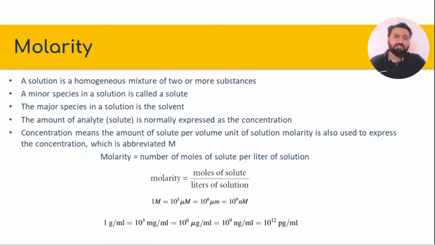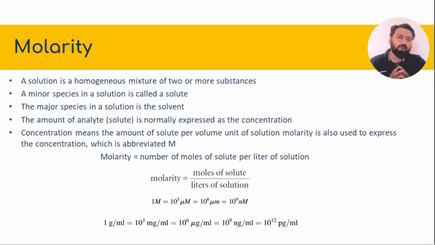The major species in a solution is called the solvent, and the amount of analyte, that is the solute, is normally expressed as the concentration. Concentration means the amount of solute per volume unit of a solution.